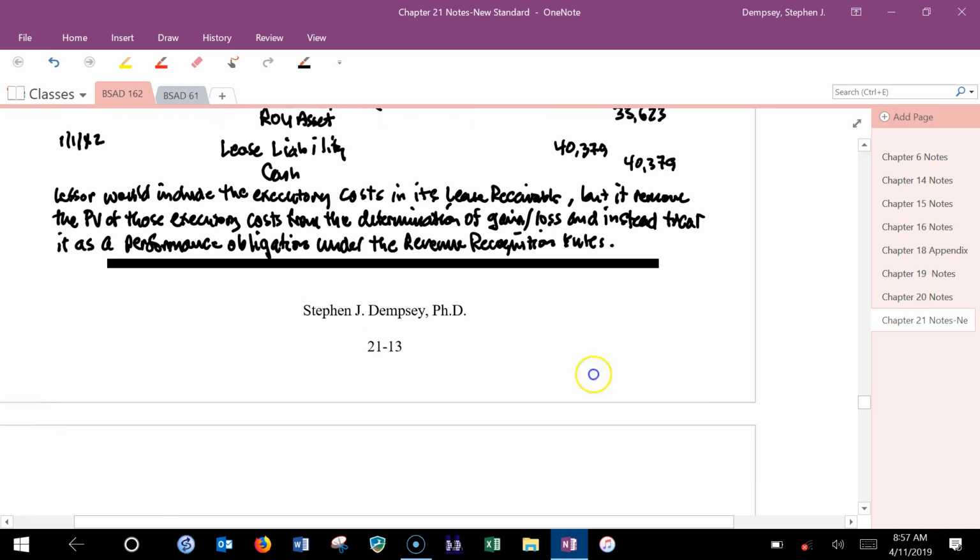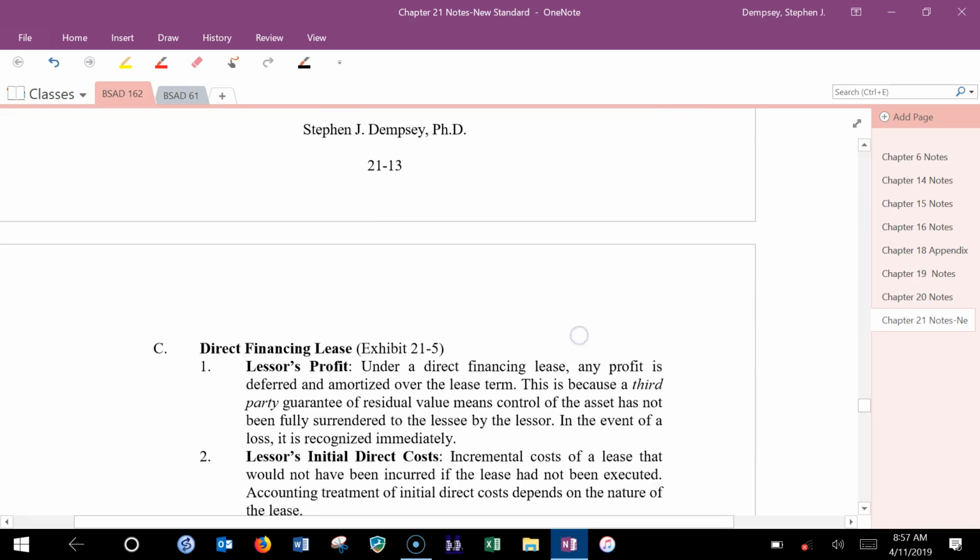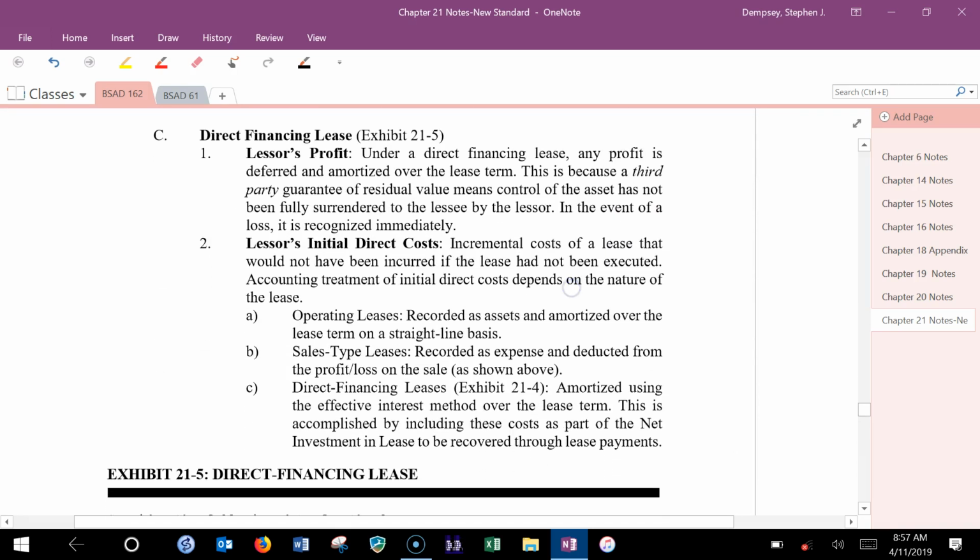All right. One last issue. The lessor could have two types of capital leases. We said the lessee only has what's called a financing lease, if it's a capital lease. But the lessor could have either a sales type lease or a direct financing lease.